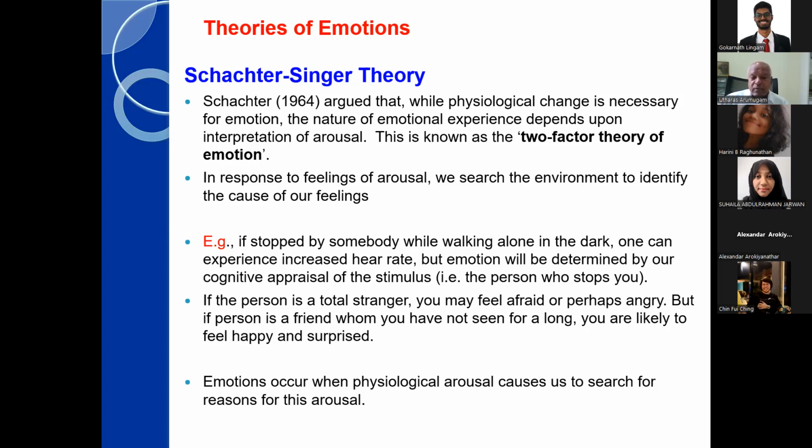Emotions occur when physiological arousal causes us to search for reasons for this arousal. So in a way, Schachter and Singer were the early people to introduce the cognitive dimension to the experience of emotion. But the interesting thing also at that time, in the 50s and 60s, there was a huge cognitive revolution in psychology.